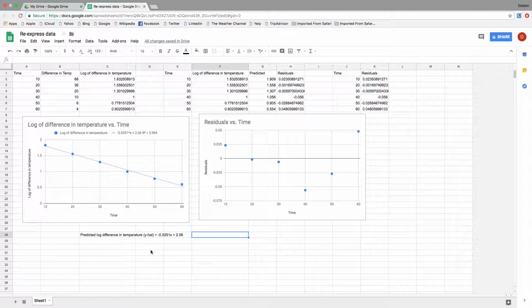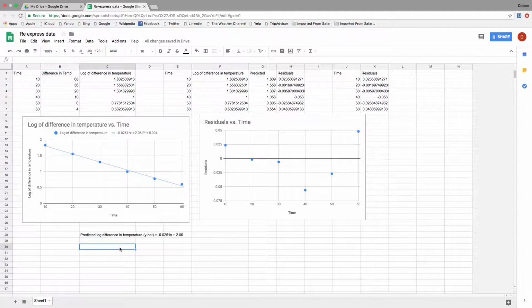What is the predicted difference in temperature after 45 minutes? We notice that our times here don't give us 45, but we can plug 45 in for x into this equation, and that's going to give us a predicted log of the difference in temperature. Then we're going to need to convert that into a difference in temperature.